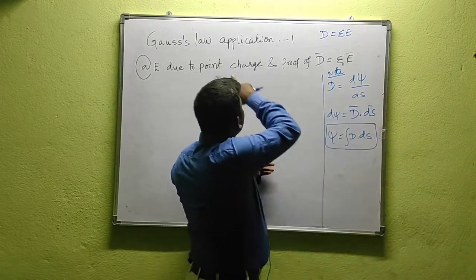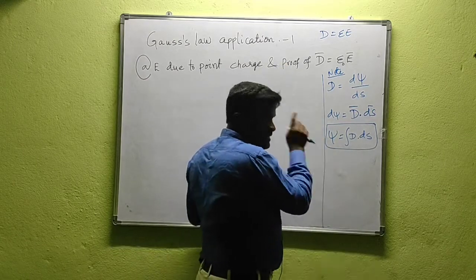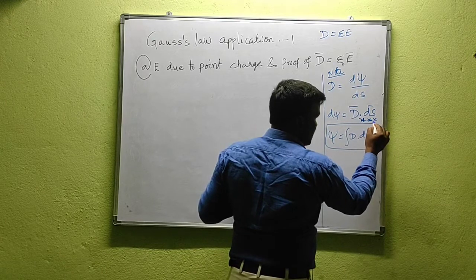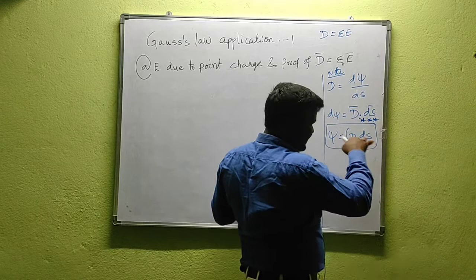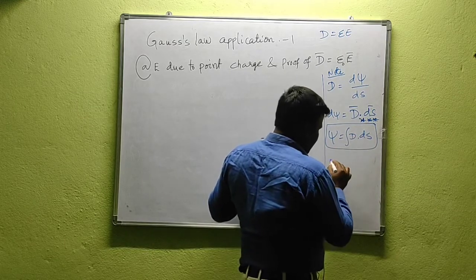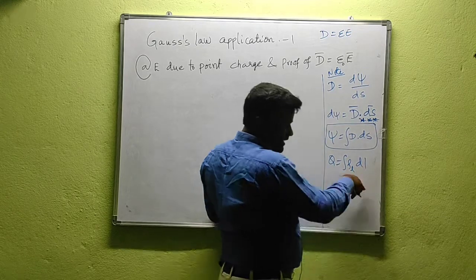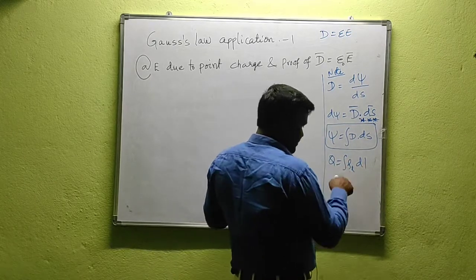It can be helpful in application number 1, or in Gauss law applications in general, where we need to use this equation. This equation is very important. For line charge, Q equal to integral rho L dl, the line integral of line charge density, where rho L is the uniform line charge density.